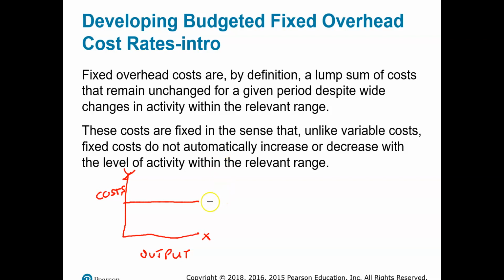Now, let's say we run out of room within the relevant range and we have to add more capacity because our relevant range is changing. Then we would expect a step cost function, where we have costs within this relevant range, and once I need additional output, I incur additional fixed costs to accommodate that capacity.